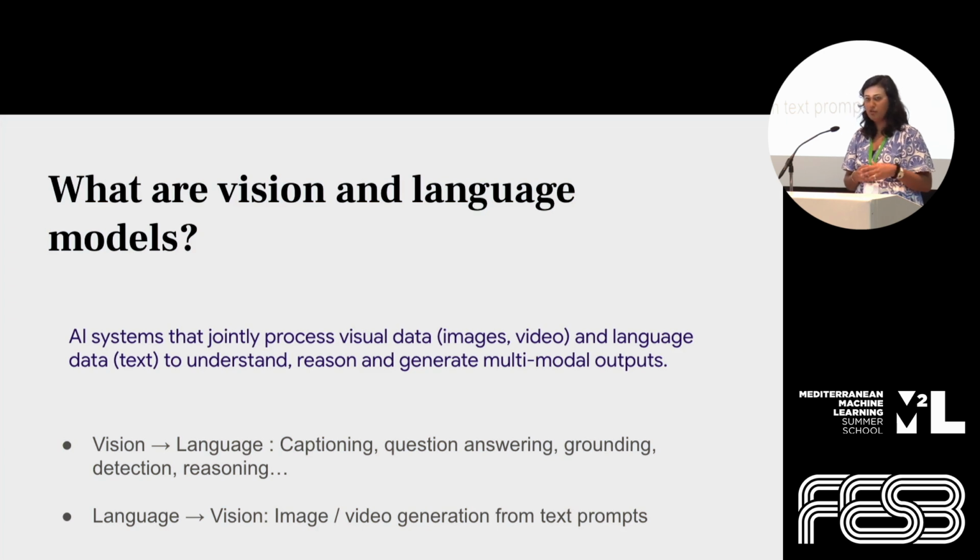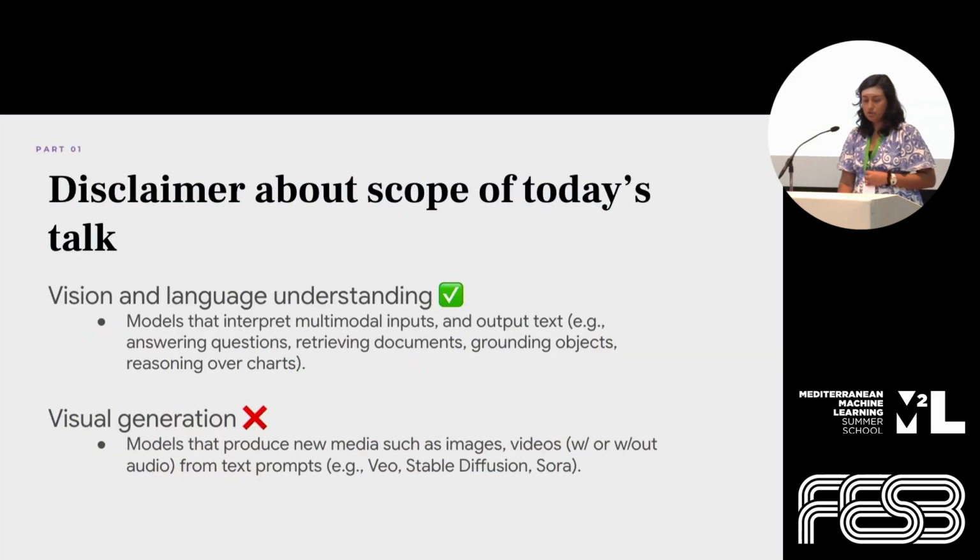And so this can be vision to language, like captioning, question answering, grounding, detection, etc., or language to vision, which is image and video generation from text prompts. So just to give you a disclaimer about what this talk is going to be about, it's just going to be about the understanding part, which is vision to language. And I think there's a talk on Friday by Sander on diffusion models, so that will be the other direction.